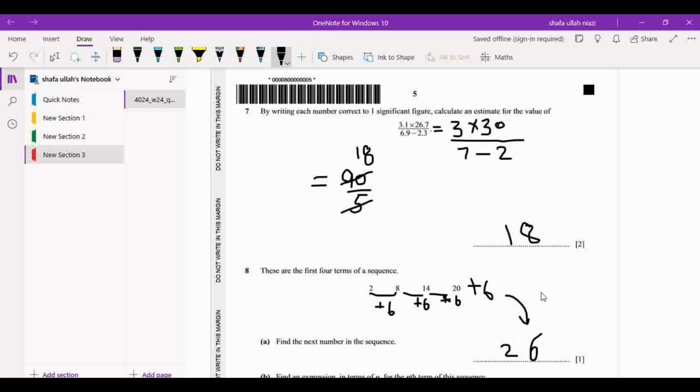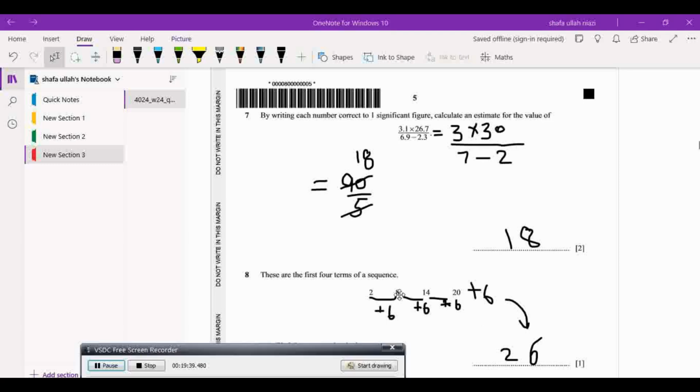Next is find an expression for the nth term. We have to actually look here: 12 minus 4. This 2 is actually 6 minus 4, and this 8 is 12 minus 4.